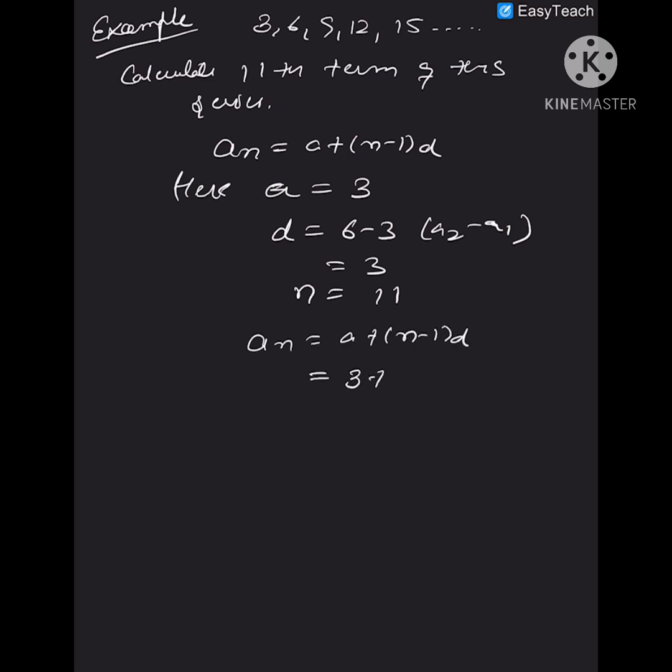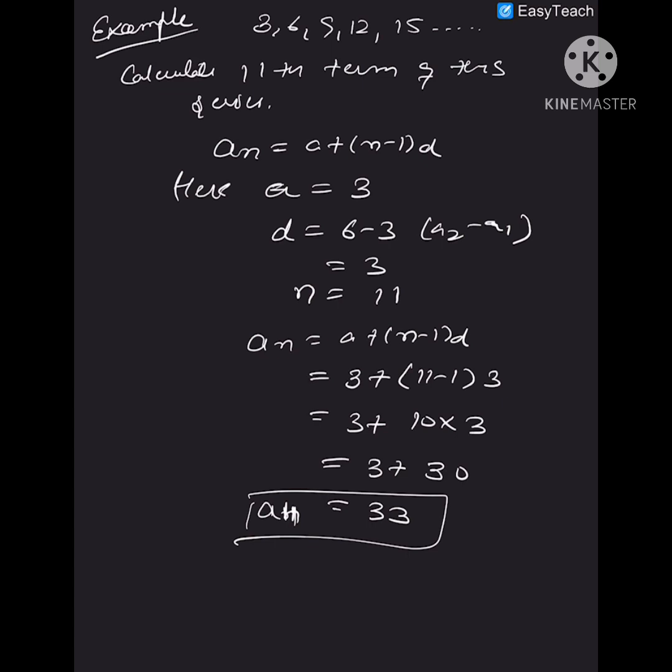So 3 + (11 - 1) × 3, which is 3 + 10 × 3 = 3 + 30, that is 33. So you already know that 33 is the 11th term.